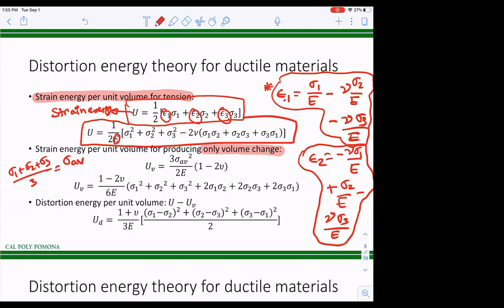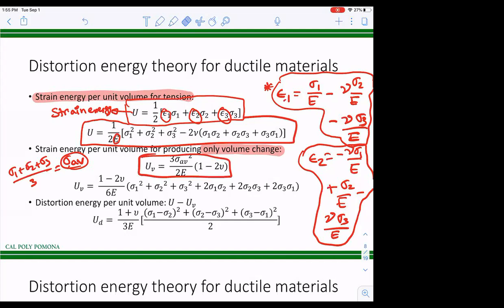Instead of sigma 1, 2, 3, we're going to plug in sigma average, because the stress component that causes volume change is sigma average, and if you plug that in, you end up with this formula.